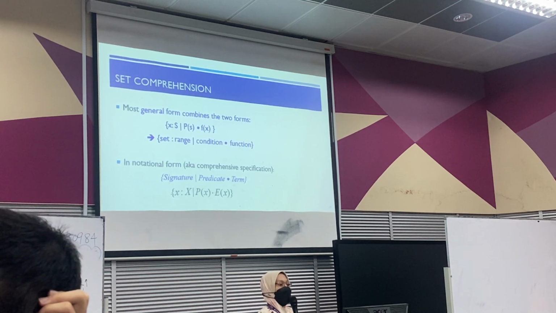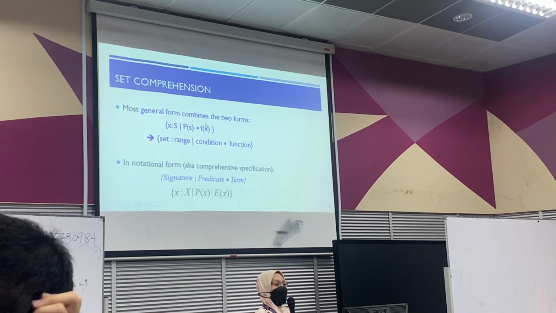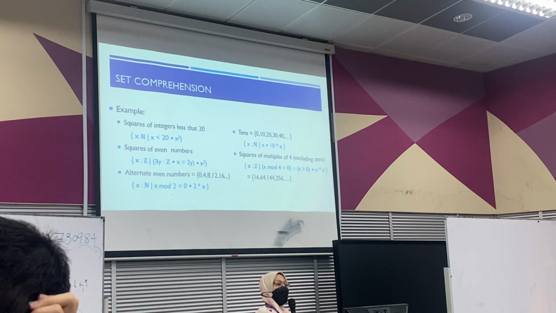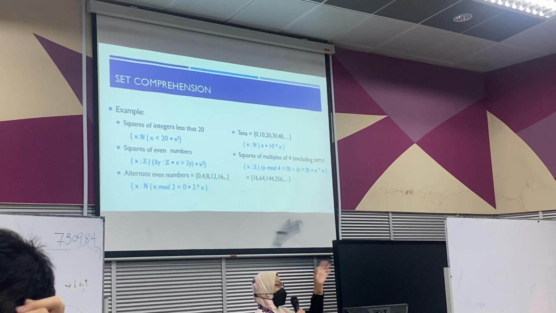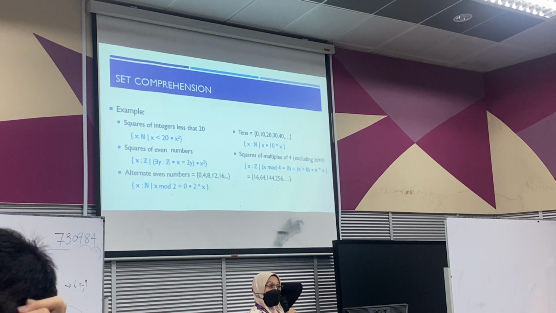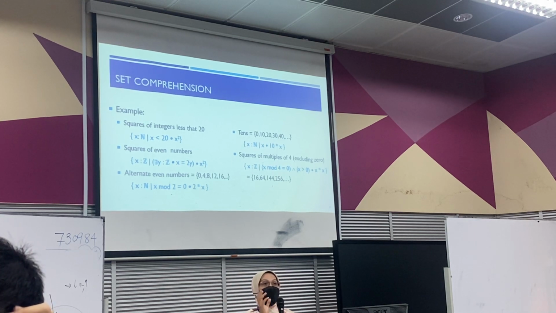This is an example. If I show you using the Z schema, most probably you will be confused because you haven't learned a lot of things yet. So here I just use a simple mathematical notation to understand the concept first.